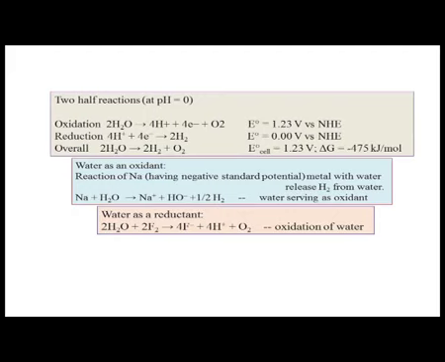Once we find the E0 for the cell, it is definitely a cell reaction for an electrochemical cell with a cathode and anode, where oxygen and hydrogen are liberated at the respective electrodes, and that liberation gives rise to a driving force for the cell reaction. So, E0 cell for that reaction is 1.23 volt by simply adding up the two half cell reactions, and delta G0 for this reaction is minus 475 kilojoule per mole.